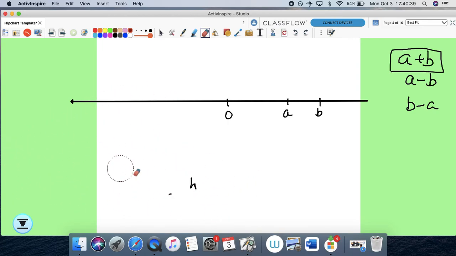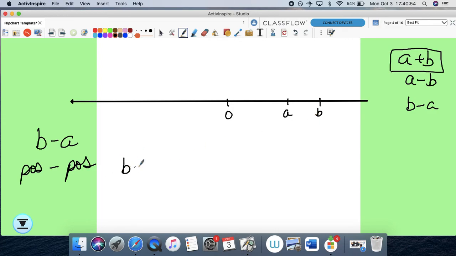And then we have B minus A. Well, again, let's identify what we're working with. So B minus A, B is a positive value, minus A, which is also a positive value. So in this case, you can tell that here's how big B is, and this is how much A is, and they're both positive.